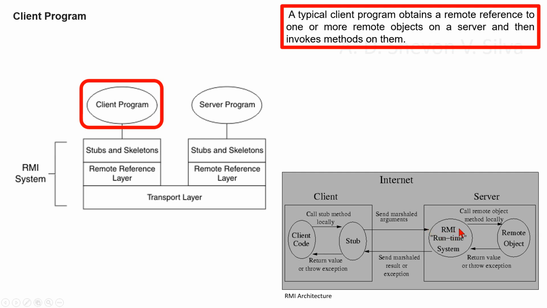The RMI runtime system calls the remote object method locally on the remote object, and the remote object returns a value or throws an exception to the RMI runtime system, and the RMI runtime system sends the marshaled result or exception to the stub, and the stub returns the value or throws the exception to the client code.